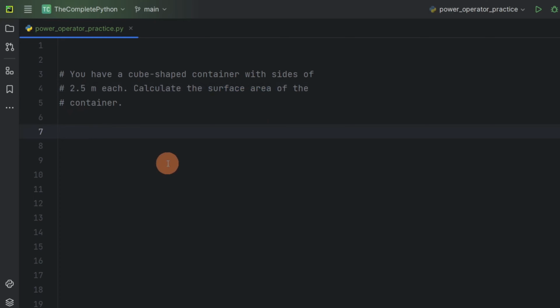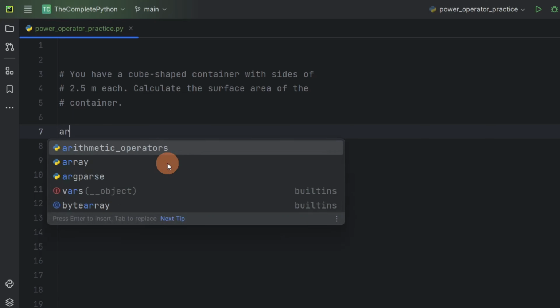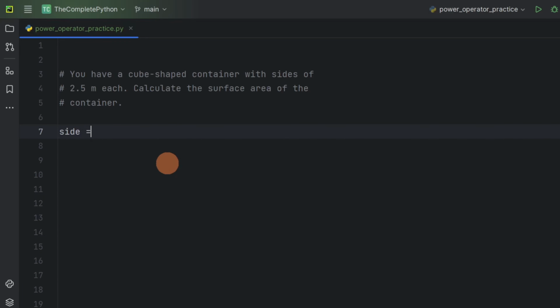Now in order to solve this, we need to know how we can calculate the surface area of the cube. The formula for calculating the surface area of the cube is 6 multiplied by the square of the sides. So first I will create a variable side and I will store 2.5. Remember, each of the sides is 2.5 meters.